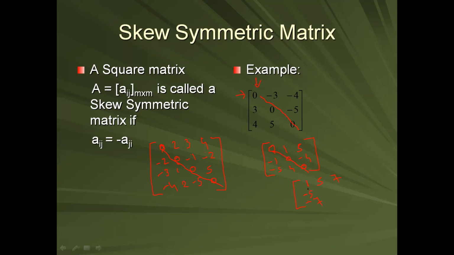Yes. Why so? Because what problem happens here? 1, 5, 7, that is fine. But first column should be opposite of it, so it should be -1, -5, -7. Now if first column is minus, minus, minus, then first row should be plus, plus, plus. These are the numbers where we see this issue.